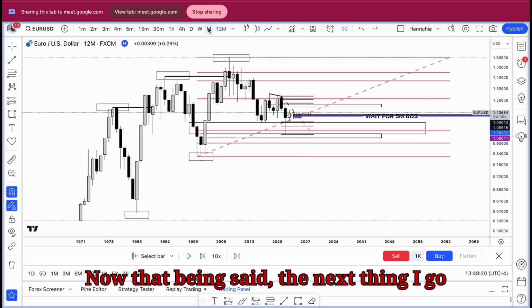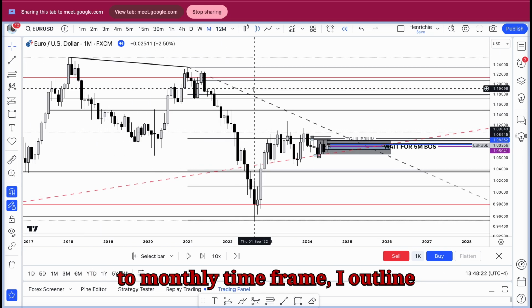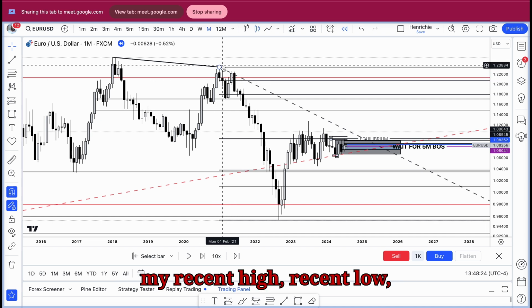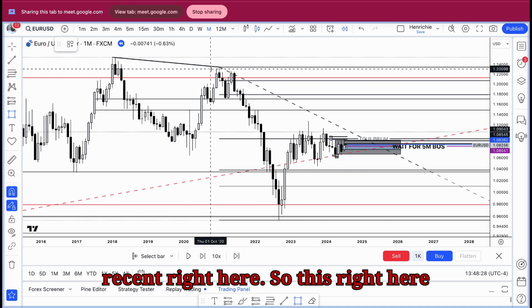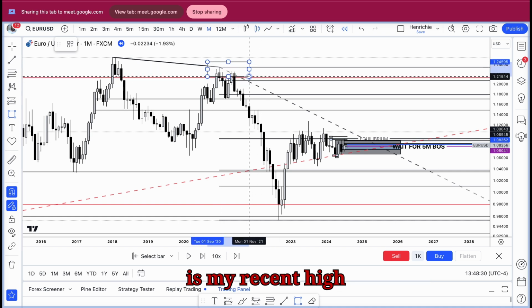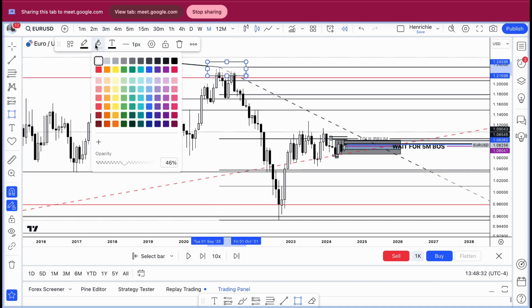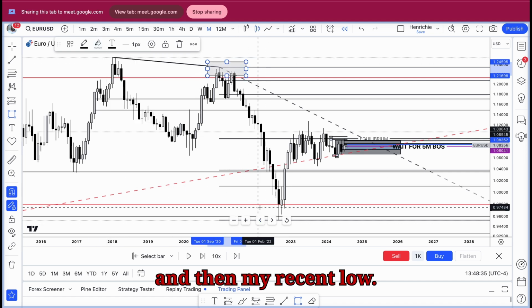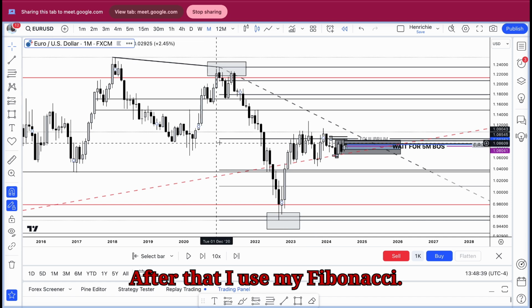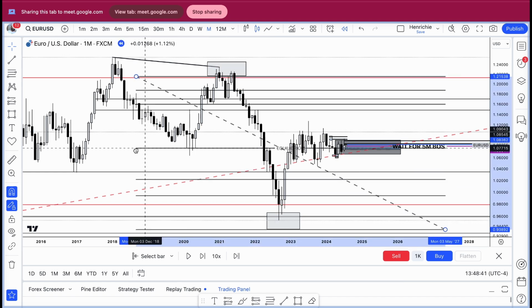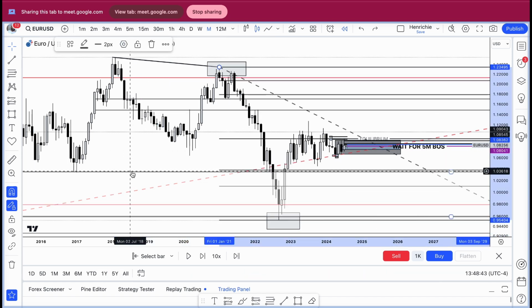Now that being said, the next thing I go to monthly time frame, I outline my recent high, recent low. So this right here is my recent high and then my recent low. After that, I use my Fibonacci. You can see the Fibonacci right here.